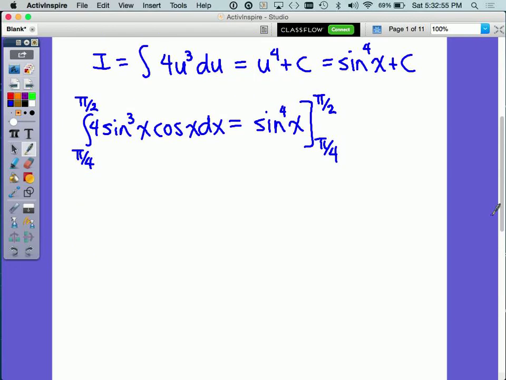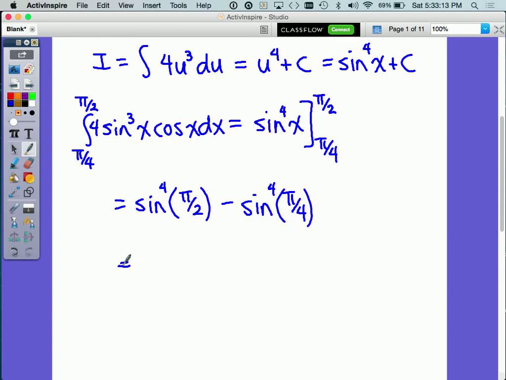Nothing too difficult in this. I do my substitutions, and I get the sine of pi over 2 to the 4th power minus the sine of pi over 4 to the 4th power.